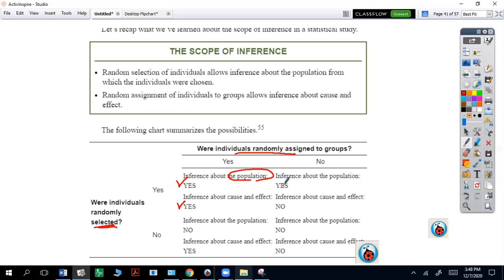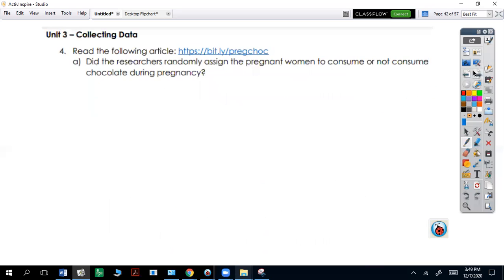So if you have random selection, you can infer about a population, but you can't infer cause and effect if there is no random assignment. If there is random assignment, you can infer cause and effect, but if you don't randomly select, you can't infer about the population. And finally, if you've got neither, you can't make inference. So random assignment and random selection are ideal to infer cause and effect and to make inferences about a larger population in general. So now let's look at this scenario.